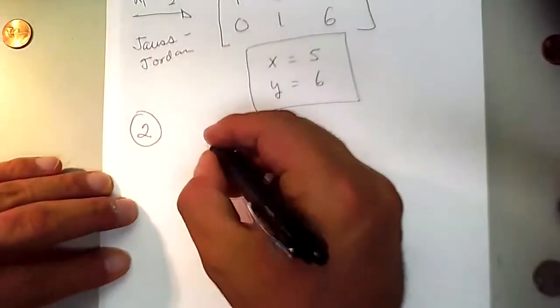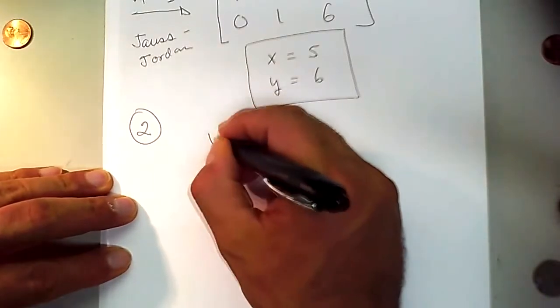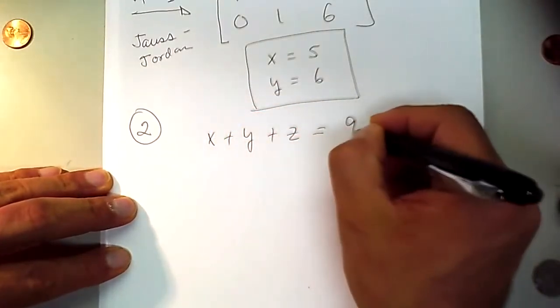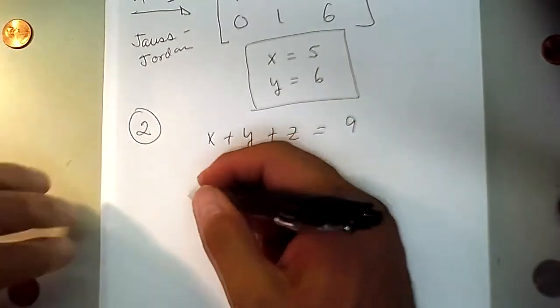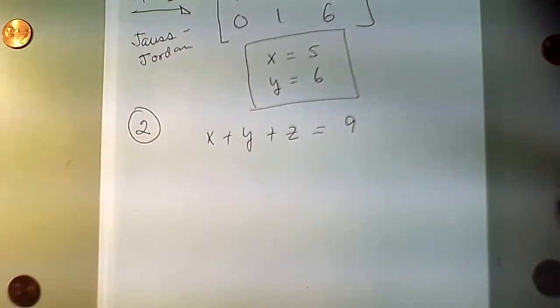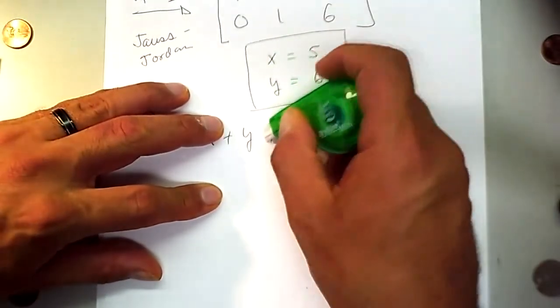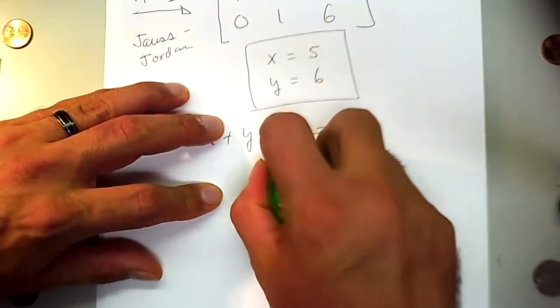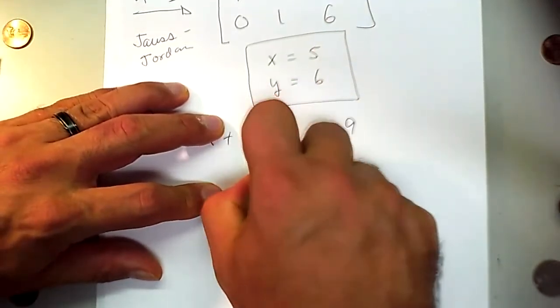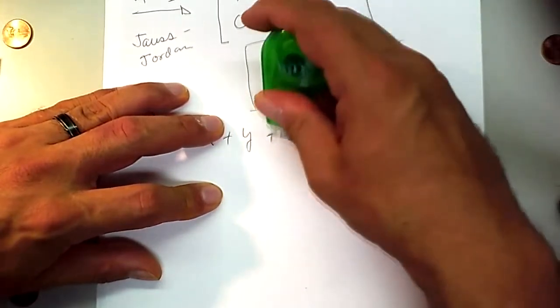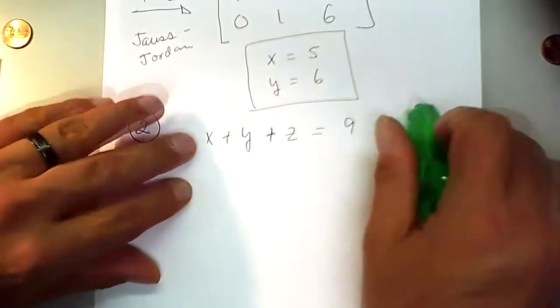Let's say we have x plus y plus z equal to 9. I lied, not plus z, minus z. I don't know if this eraser works anymore, and I'm far away from the supply room, so let's just scratch it.